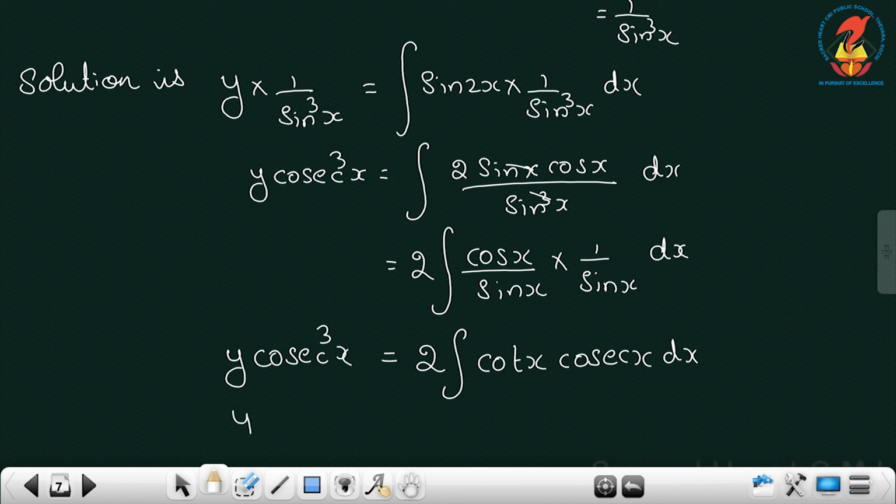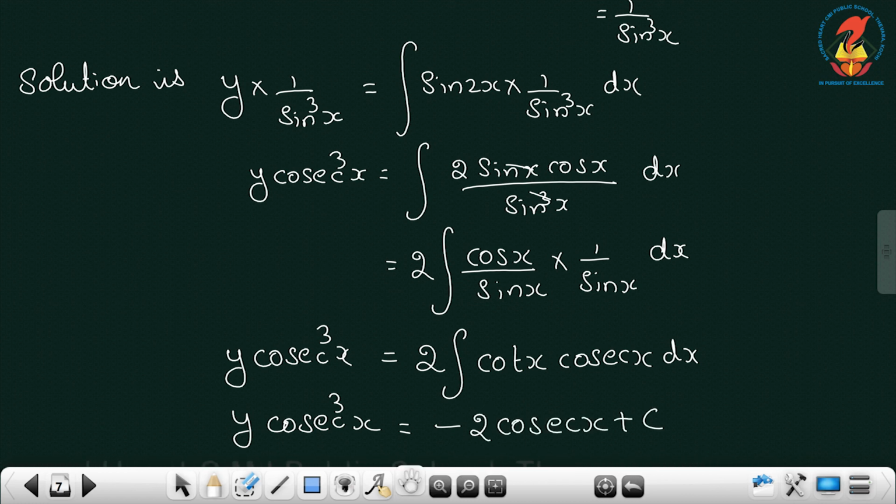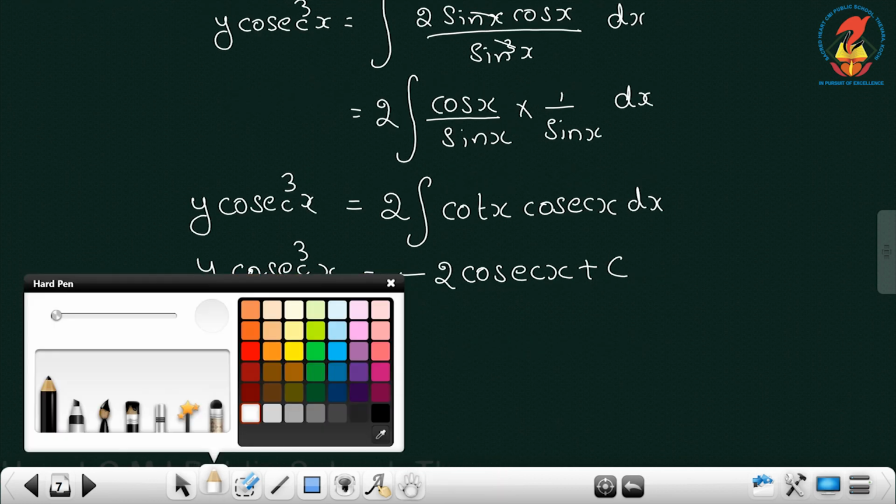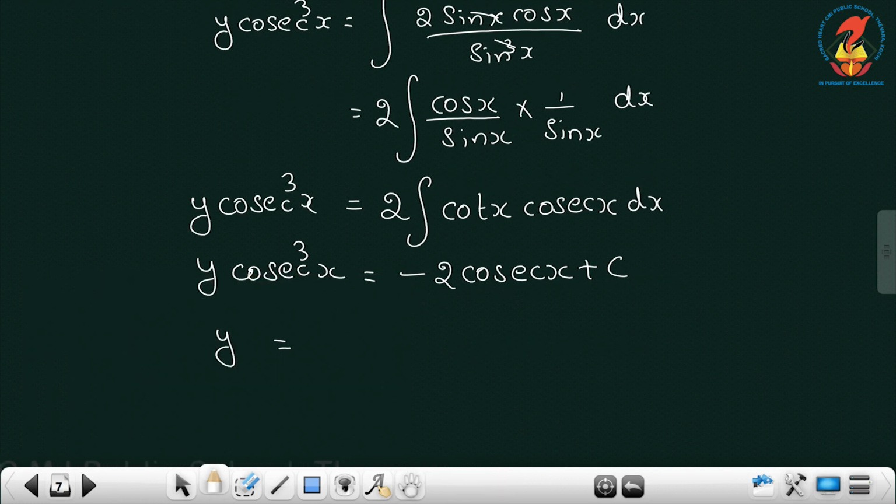What is the integral of cot x into cosec x? The integral of cosec x cot x is minus cosec x. So minus 2 cosec x plus c. Then what is y? After that you can write y. y is equal to, you have to divide by cosec cube.